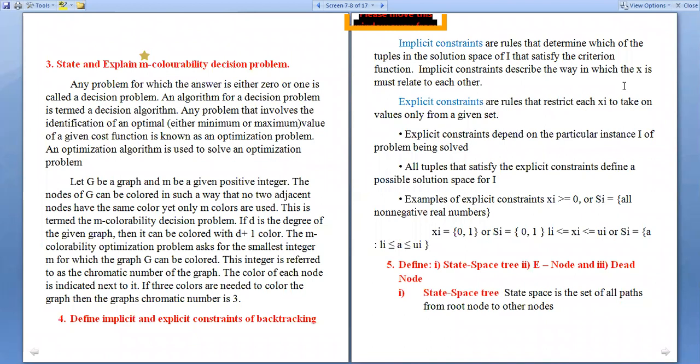Implicit constraints are rules that determine which of the tuples in the solution space satisfy the criterion function. So implicit constraints describe the way in which the xi must relate to each other.